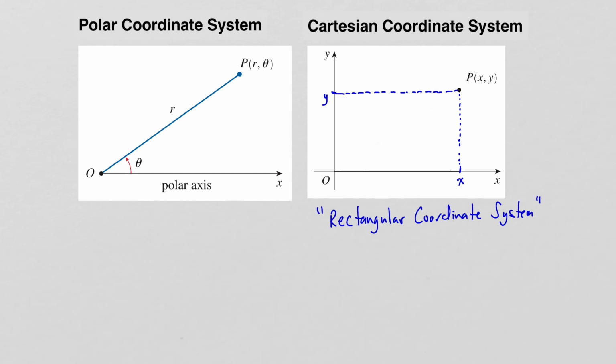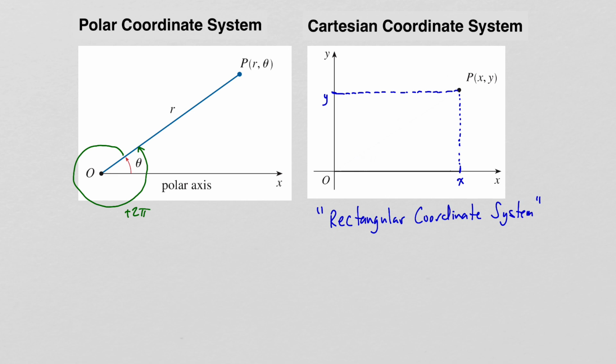Both of these systems have advantages and disadvantages. For example, in the polar coordinate system, these points do not have a unique representation, and this is because if I have an angle theta, we know that if we take that same angle theta and add a full 2 pi to that, we will end up at the same location.